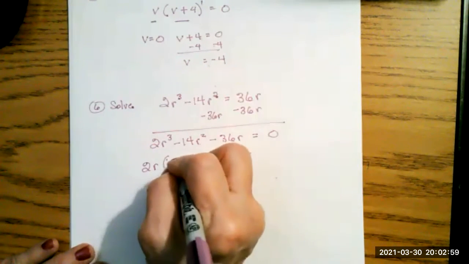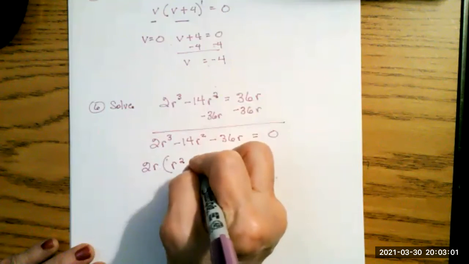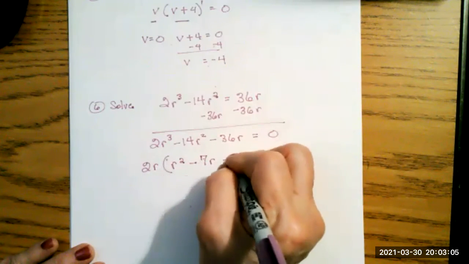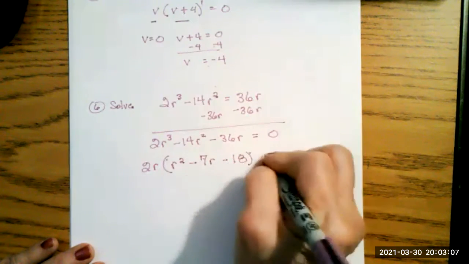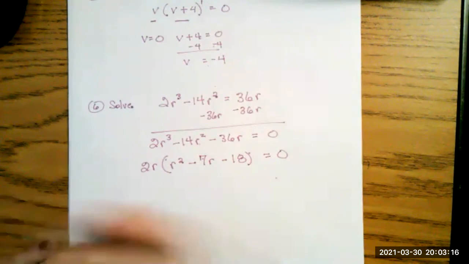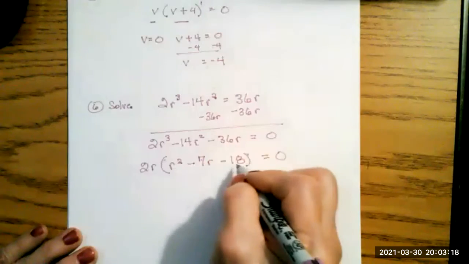And we have r squared minus 7r minus 18 equals 0 when I take the 2r out. Now this goes back to the factoring. This is a simple trinomial.